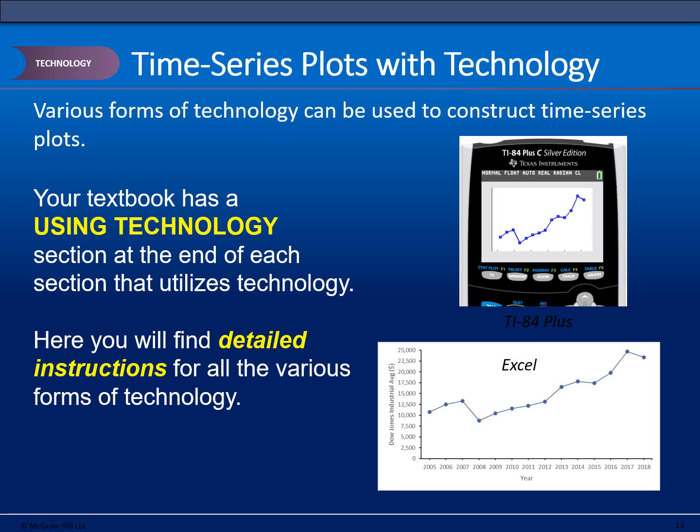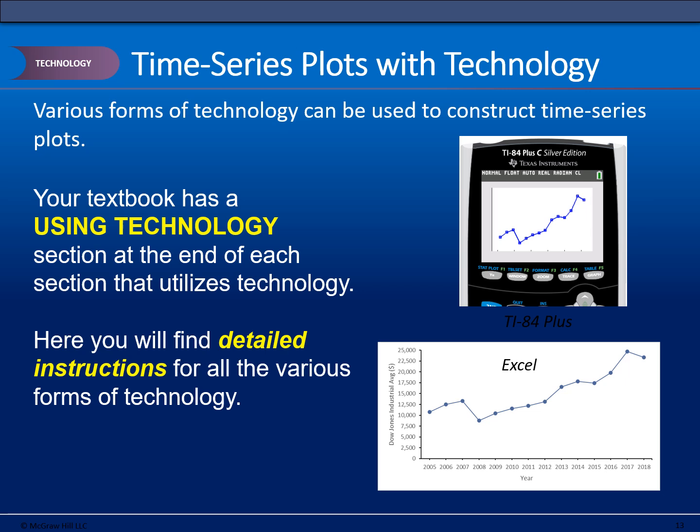So this is another place where you really want to look at your textbook. At the end of each section where we're using technology to sort or measure the data or get data points that are statistical in nature, which we're going to start looking at in the next chapter, your textbook has a section that uses technology and explains step by step how to use those pieces.